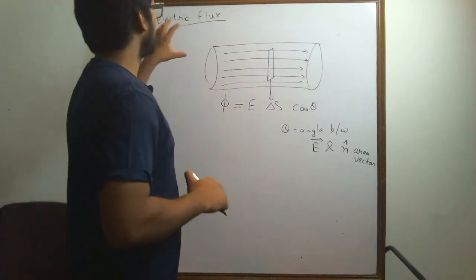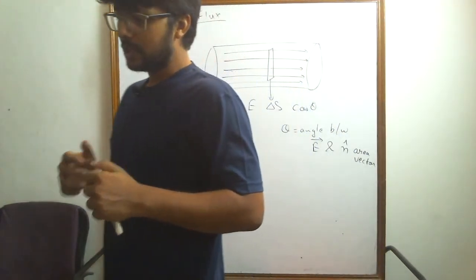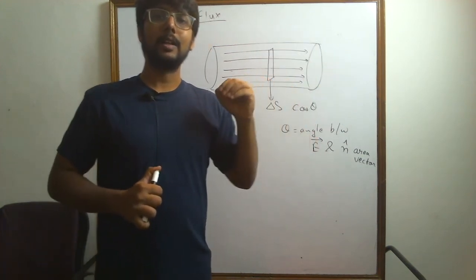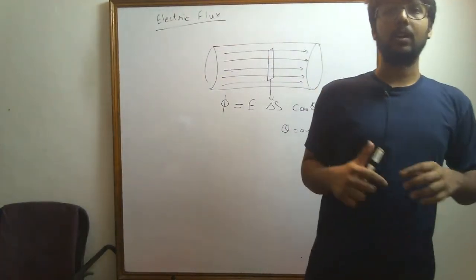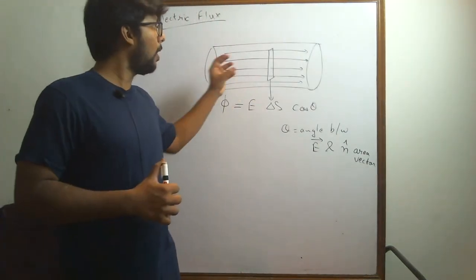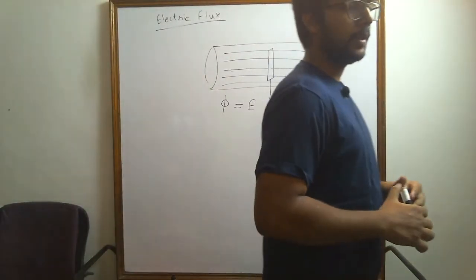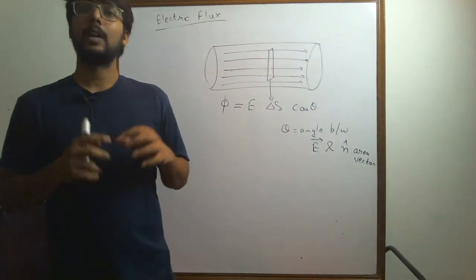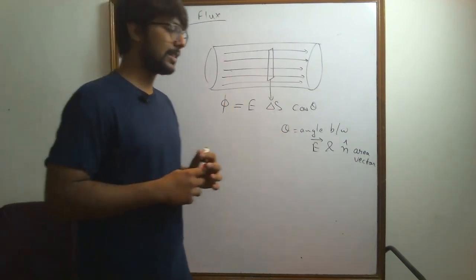Okay, so that is the difference between electric flux and electric field, which is, electric field is just the force per unit charge given by a single charge or a system of charges, and flux is the amount of electric field in a given area. It's the amount of electric field or the strength of electric field in a given area, right? That is what flux is all about. So I hope the difference is clear to you now.